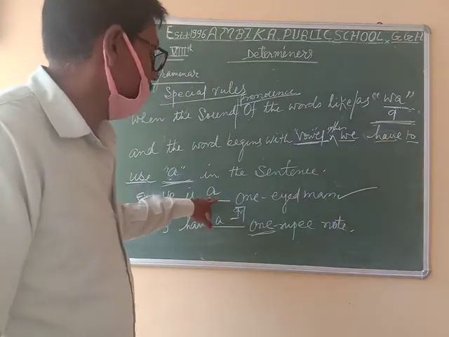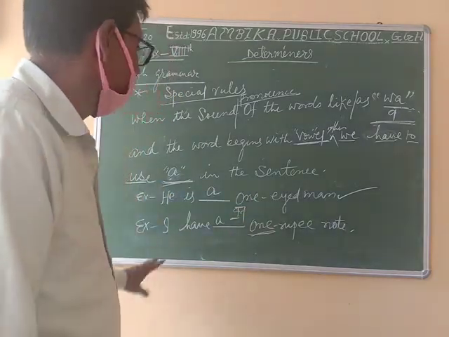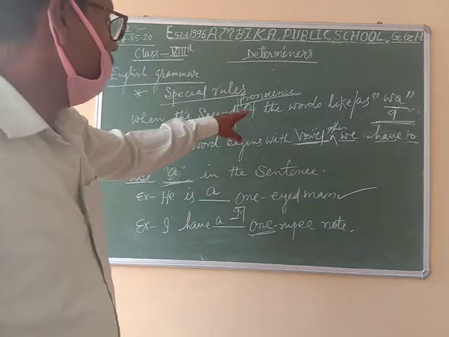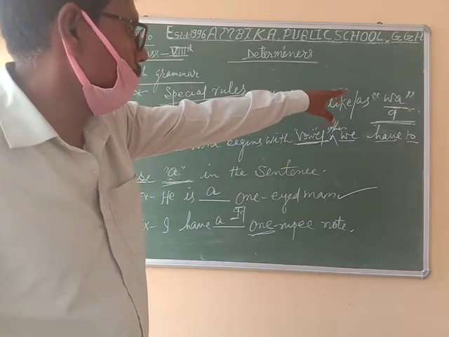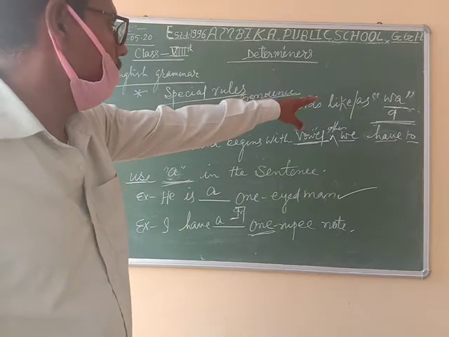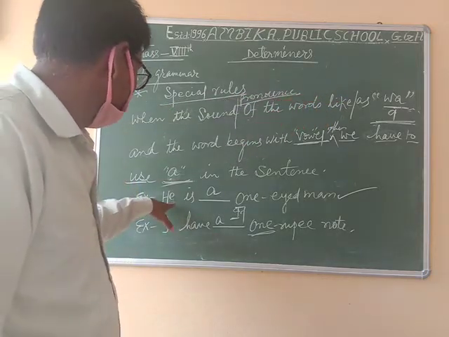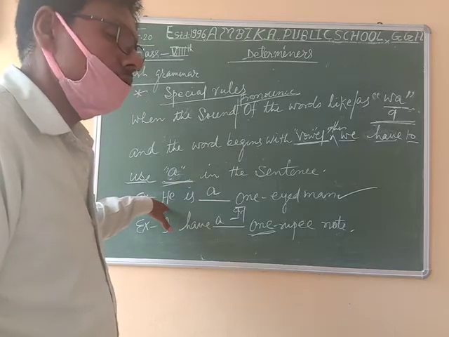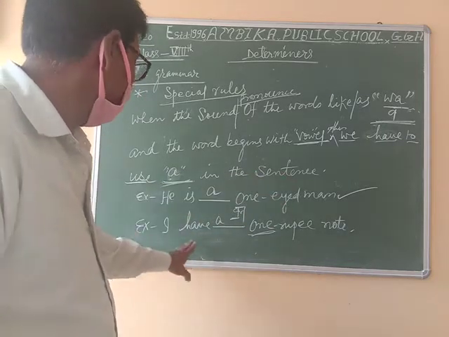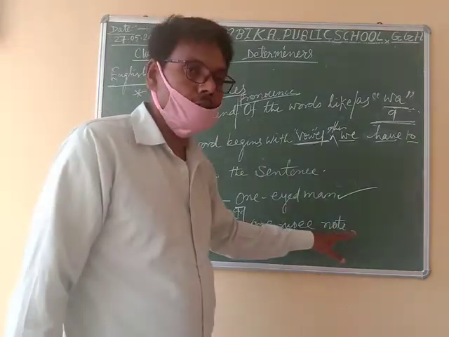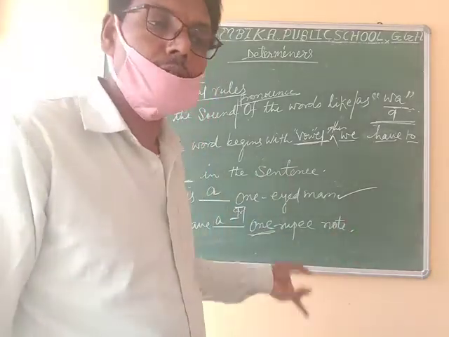He is a one-eyed man because the word pronunciations are like WA, that means walk. So we have to write the answer with A. He is a one-eyed man. I have a ₹1 note. It's clear?